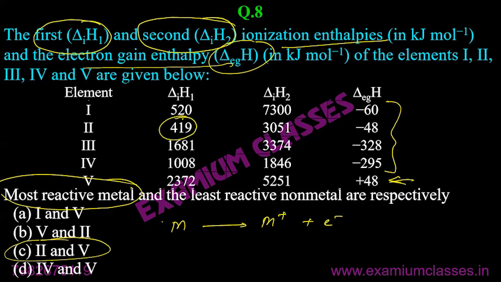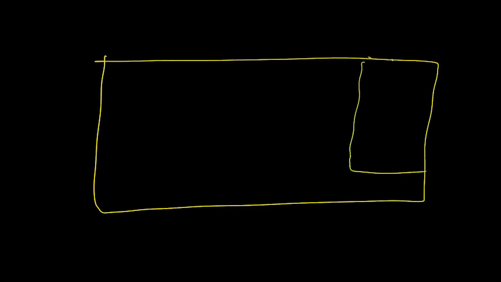But why is the fifth the least active non-metal? Because if you consider the right hand side of the periodic table here, these elements actually gain electron, and get converted to anions.